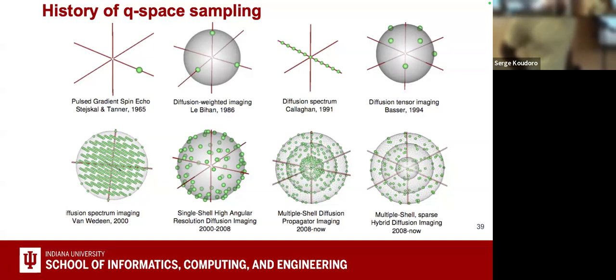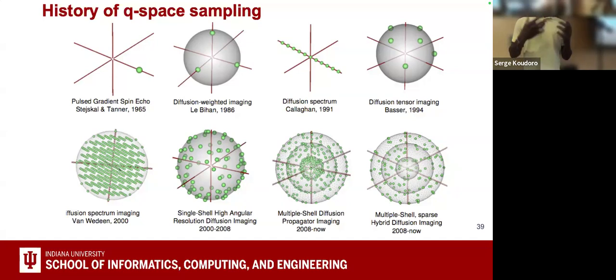Then we enter diffusion tensor imaging, which was a revolution, where we have 6 points and we are able to model as a tensor. And then you start to get crazy with diffusion spectrum imaging, which is more of a Cartesian model. Then the single shell imaging, then the multi-shell propagator imaging in 2008, and now the super multi-shell hybrid diffusion imaging. So it's getting crazier and crazier.